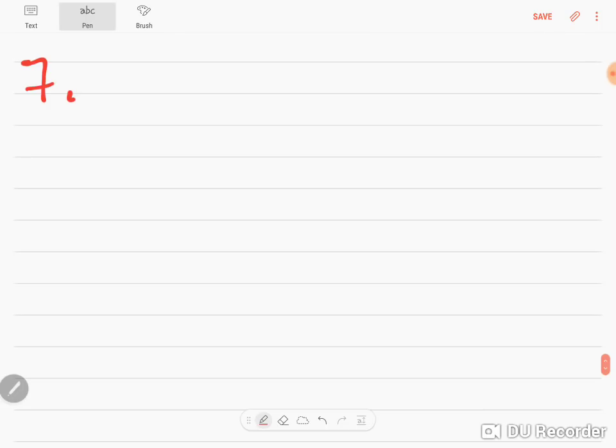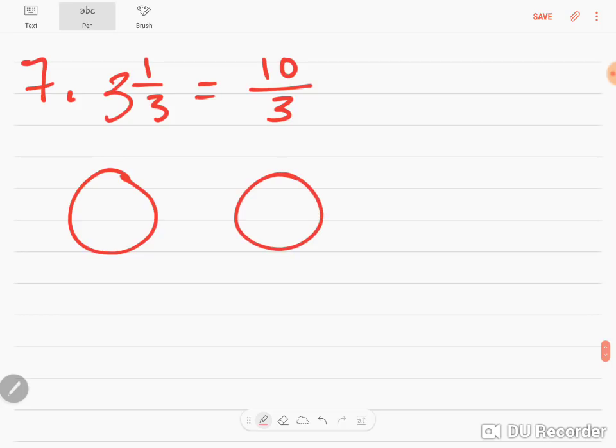It says draw and shade circles to show that 3 1/3 is equal to 10/3. All right, so what I'm going to do is I'm going to draw 4 circles. And I'm going to break the circles up into 3 parts.